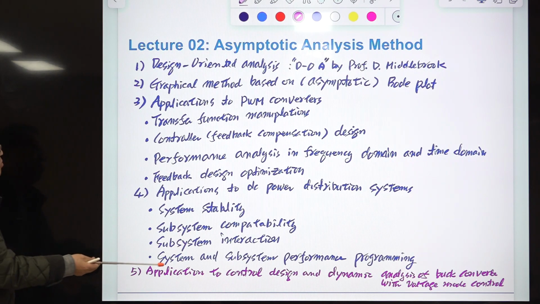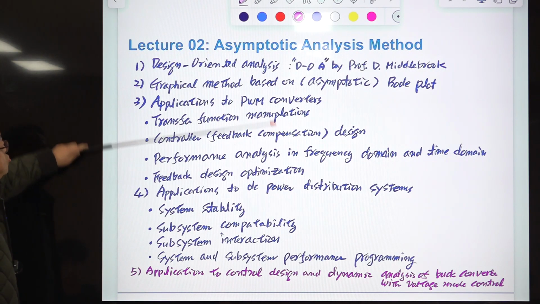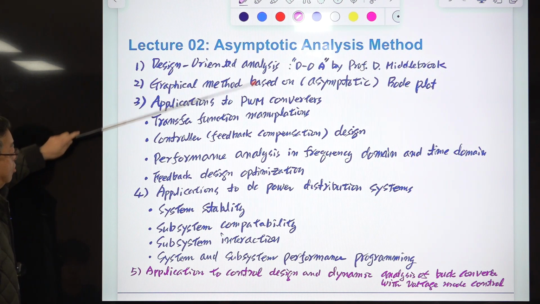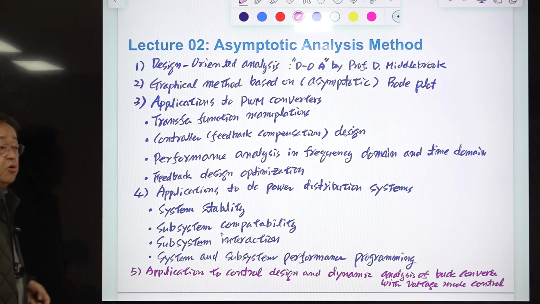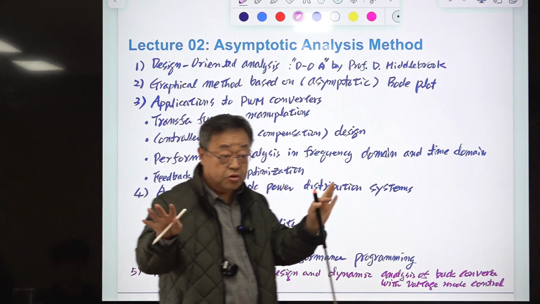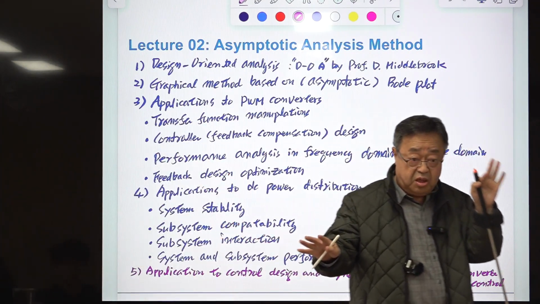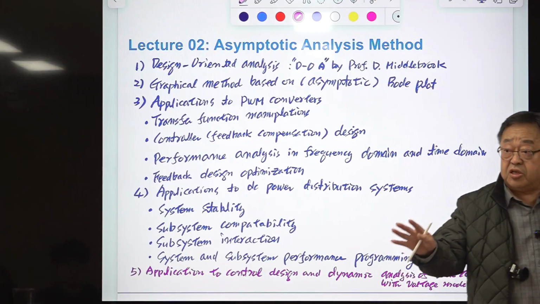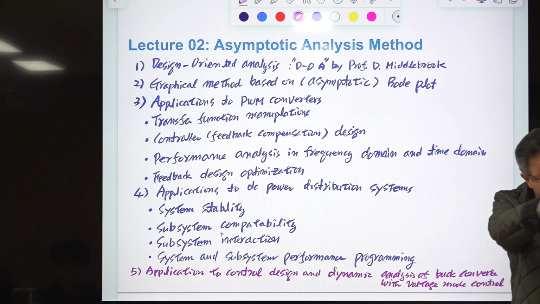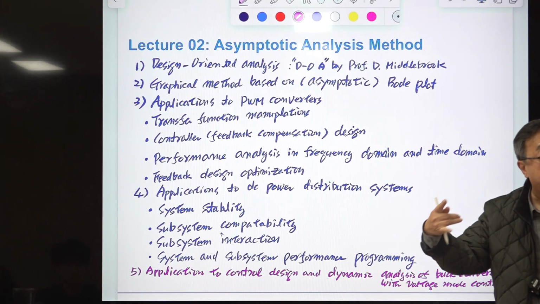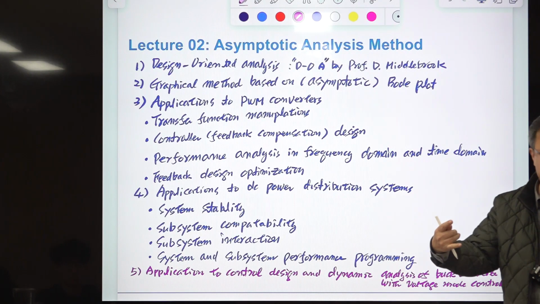For the system level analysis, we will be using this asymptotic analysis method to evaluate the stability of the system. Suppose you have two converters. This one is stable, this one is stable. So they are individually stable, but if you connect them together through some filter stage, the system can easily be unstable.